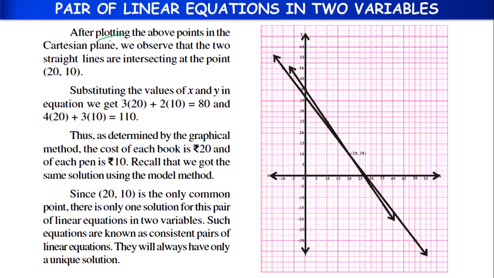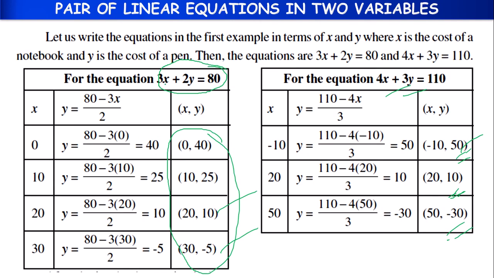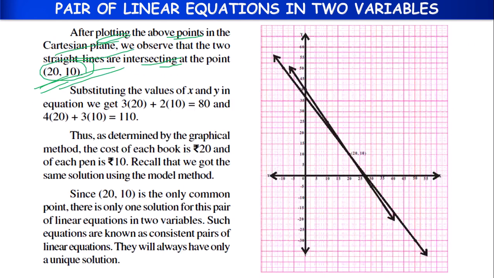So we have plotted the above points on the Cartesian plane, and the two straight lines intersect at (20, 10). If we substitute (20, 10) in the first equation 3x plus 2y and in the second equation, the first equation is true and the second equation is true. So with the help of the graph, we are able to solve the two equations.